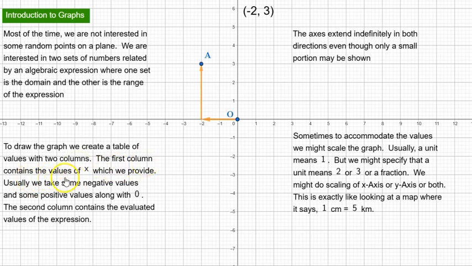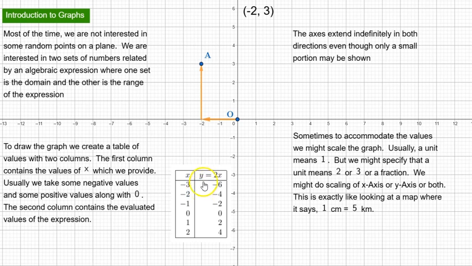The first column contains the values of x which we provide, and usually we take some negative values and some positive values along with 0. So something like this. We have y = 2x, and we take some values of x and plug them into y = 2x and evaluate to get the values of y.